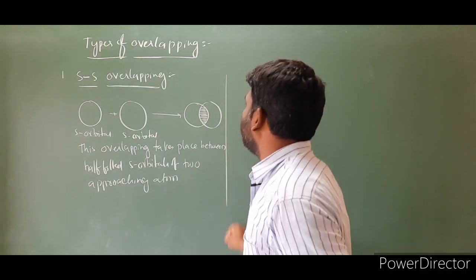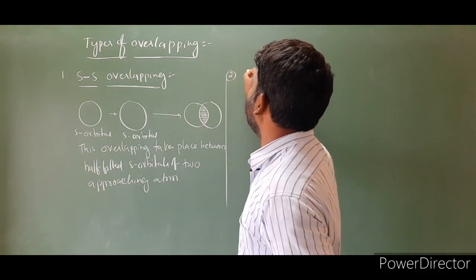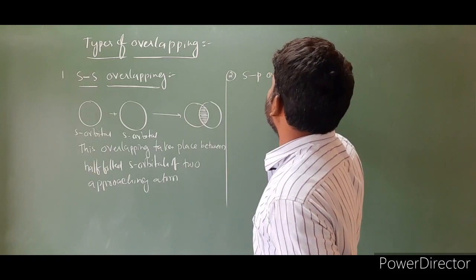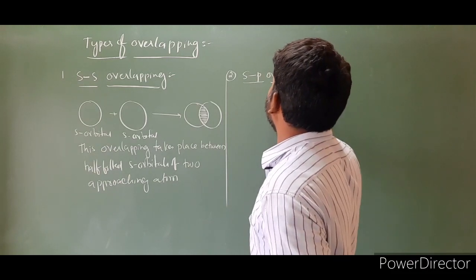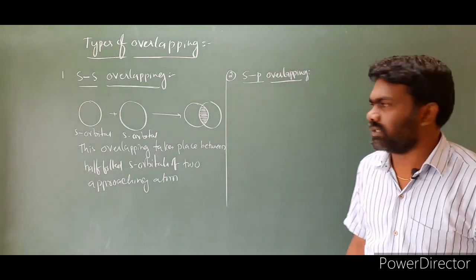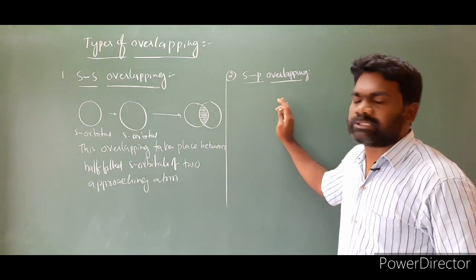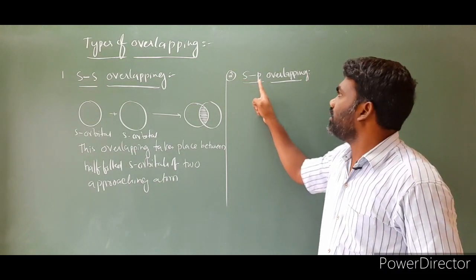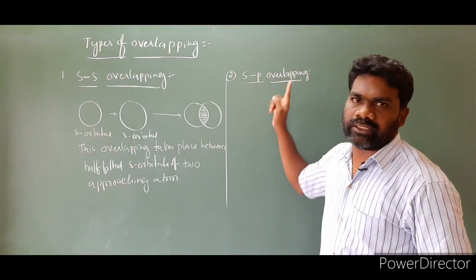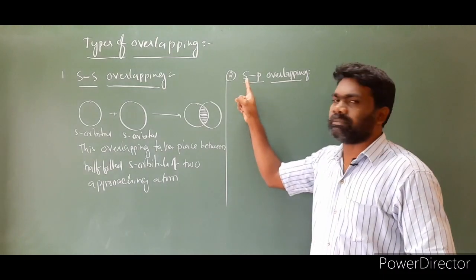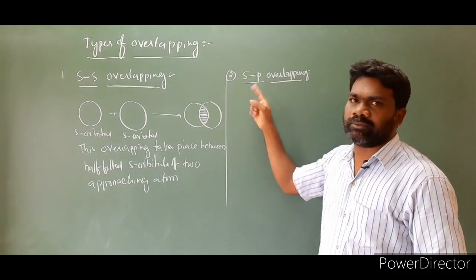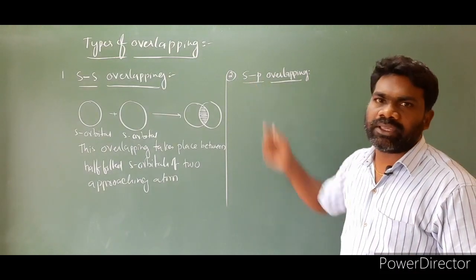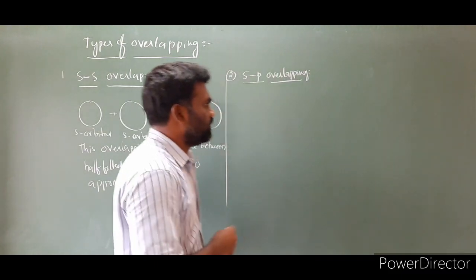Then coming to the second category, SP overlapping. This overlapping takes place between a half-filled s orbital of one atom and a half-filled p orbital of another atom. Simply, a half-filled s orbital of one atom and a half-filled p orbital of another atom will overlap. That overlap we have to call SP overlapping. Let us understand this statement by taking an example.